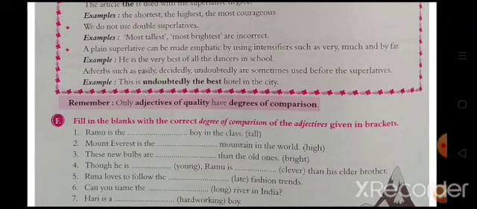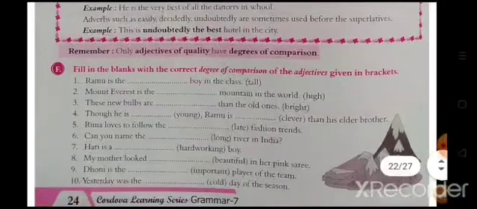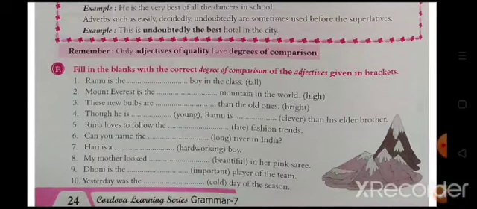Always remember this. Now fill in the blanks with the correct degree of comparison of the adjective given in the bracket. We have to write the correct degree of comparison. The word is given over here. We have to transform it into the suitable form.